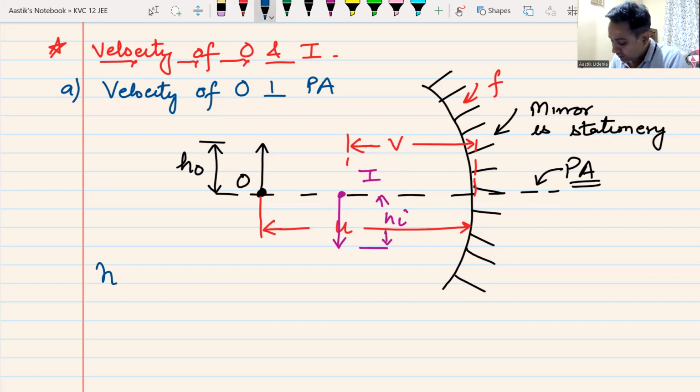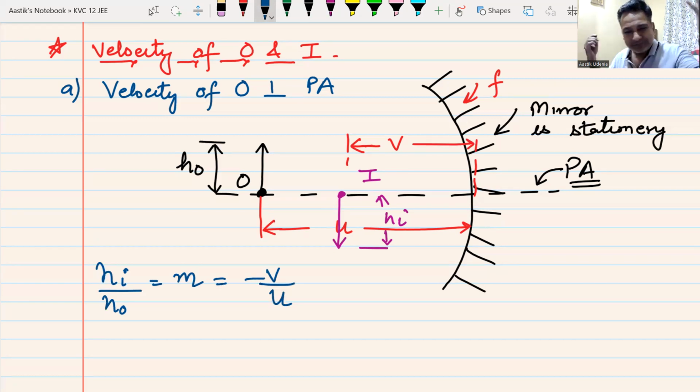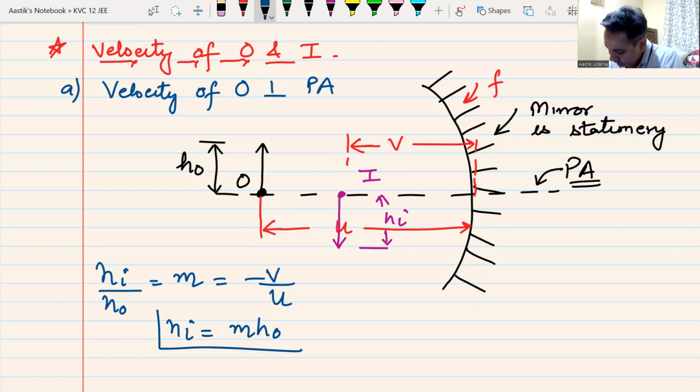So I can write the height of the image divided by the height of the object will be equal to magnification. That will be equal to minus V by U. Yes or no? Done. Then we are done. So I can write the height of the image as M times the height of the object.